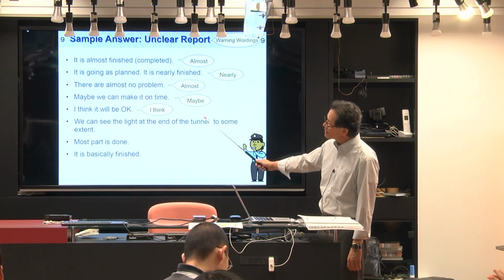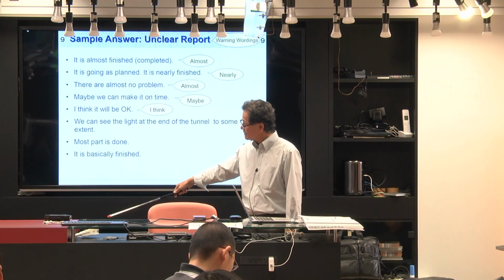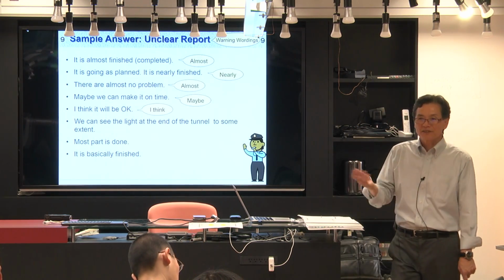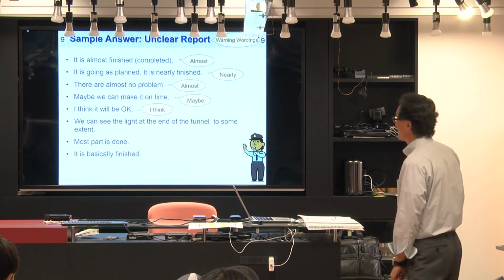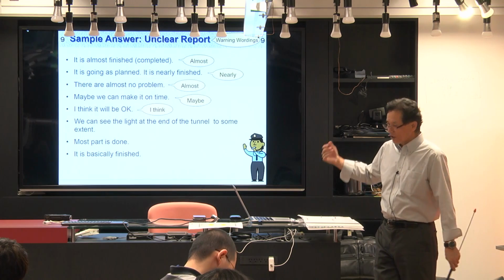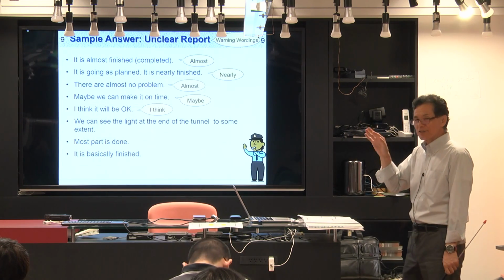To some extent, most of it is done, basically finished. This is typical communication wording, right? For your daily life, that's okay for most cases, but in projects, sometimes it is too loose.